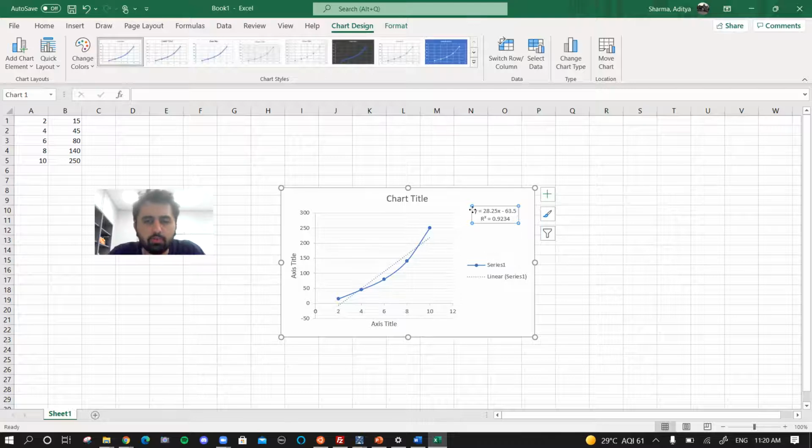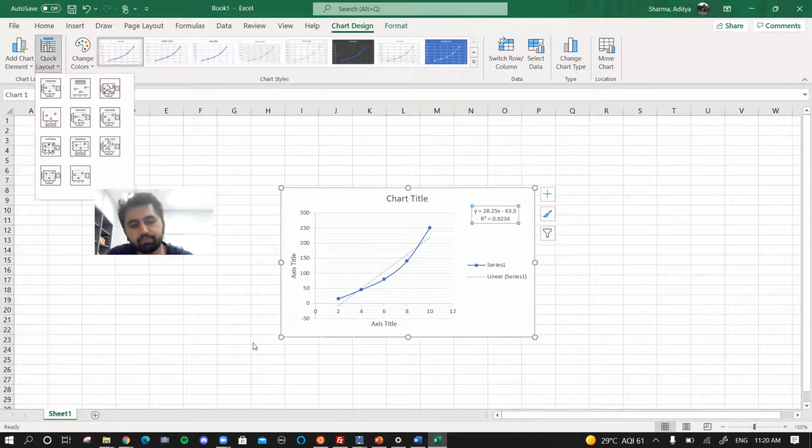That's not really what we want. Just this equation, y is something times x plus or minus something. So this something is your vertical intercept, and 28.25 would be your slope. In this case, these are just random numbers, so it doesn't make sense here. But yeah, this will be your slope. So you can find your slope this way using this quick layout and choosing layout 9.